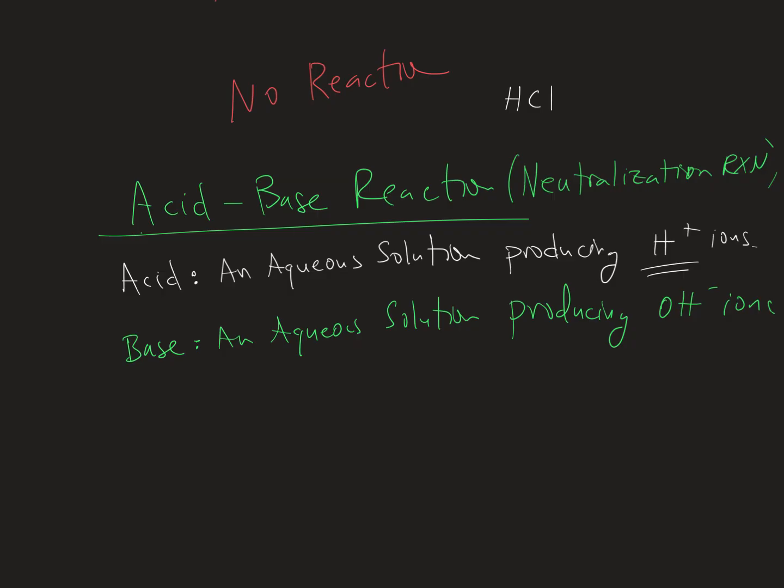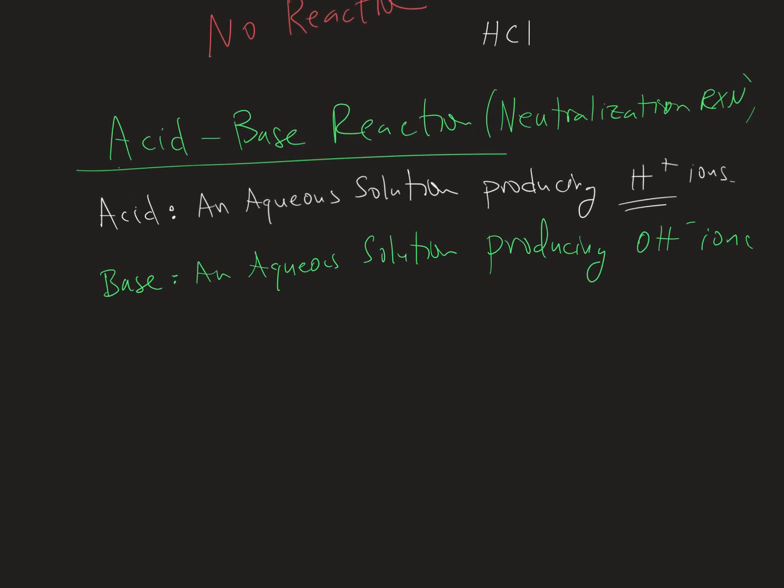Okay, so the example we did was HCl in aqueous solution plus sodium hydroxide in aqueous solution. This hydrogen is what makes it an acid.